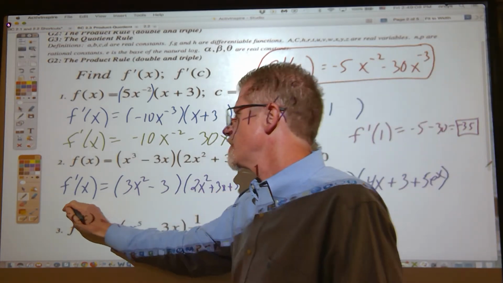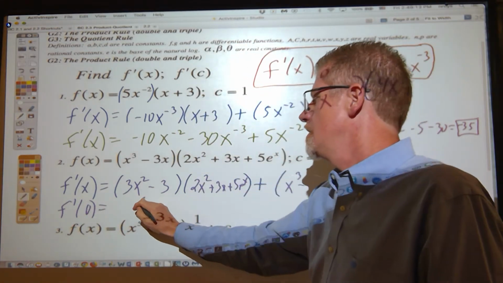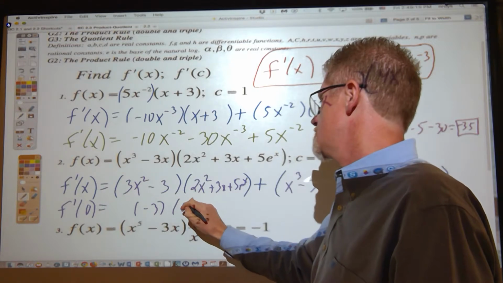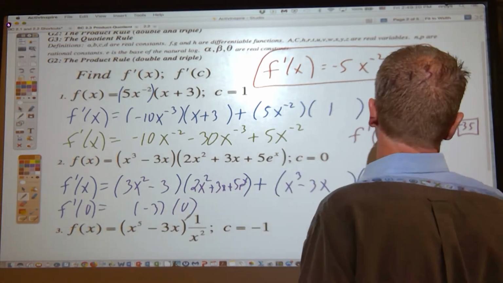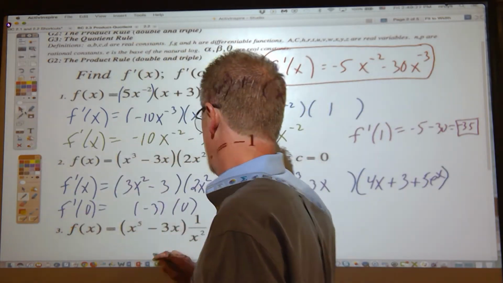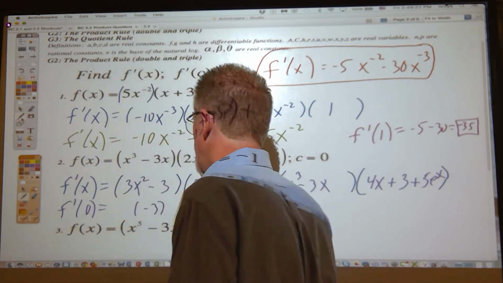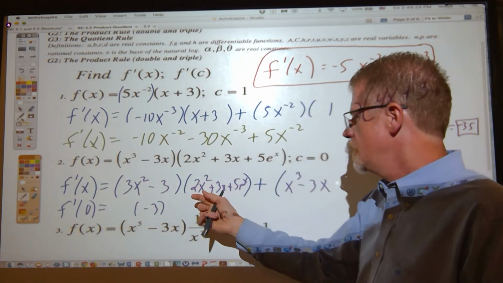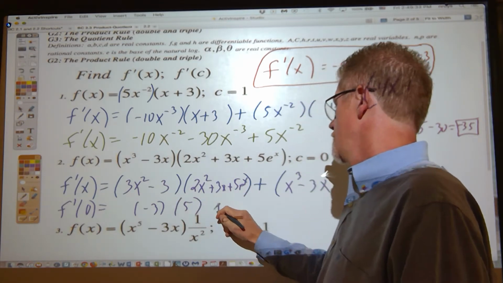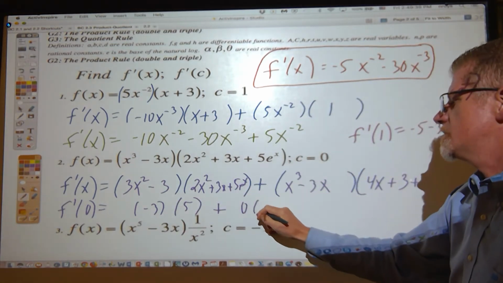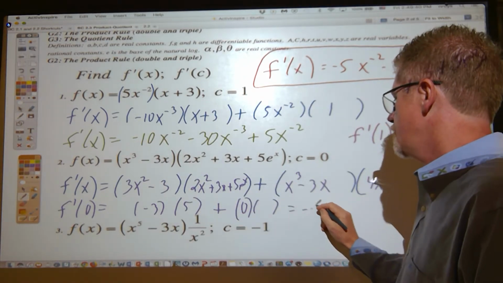So, by the way, if someone did ask you to find f prime of 0, it's not too hard. We just got negative 3 times 0, well, actually it's 0 times 5, 0 plus 5. So that one's actually 5. So you don't need to simplify it to evaluate it at x equals 0. 0 plus 5 times e to the 0, that would be 5, plus 0 times, oh, it doesn't matter anymore because we're multiplying by 0, so the answer is just negative 15.